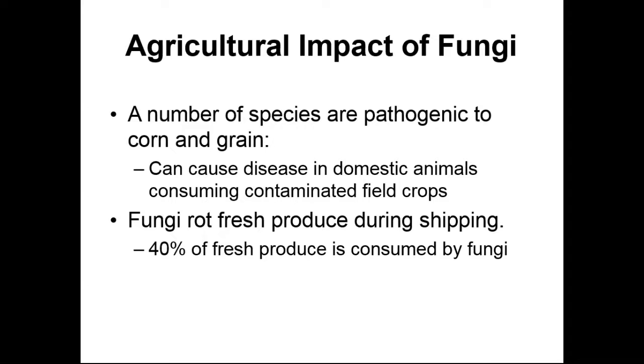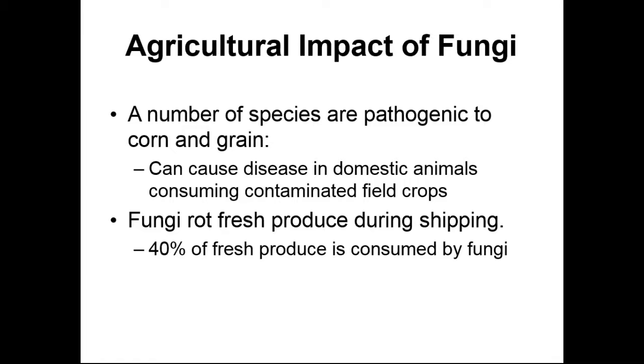If we look at fungi in agriculture, many species of fungi don't have any effect on us as human beings, but instead are going to affect crop species. Corn smut is an excellent example of this. Corn smut is unique in that it's a fungus that infects an agricultural species that, I shouldn't say we, but some cultures consider a delicacy.